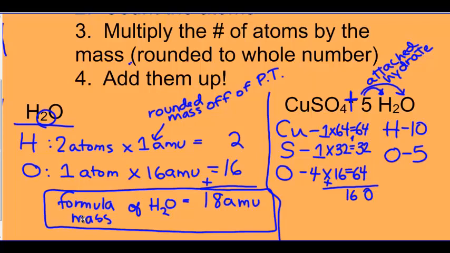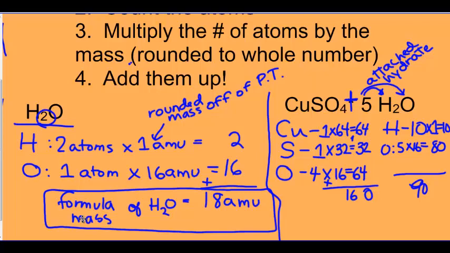160, right? Okay. Then we'll move over to the water and do its mass. Hydrogen has a mass of 1, so that's 10. Oxygen has a mass of 16, so that's what, 80? And when you add those up, I know you can't see that, but it's 90, okay? Just so you could, if you can't read my oxygen, it was 5 times 16 equals 80.